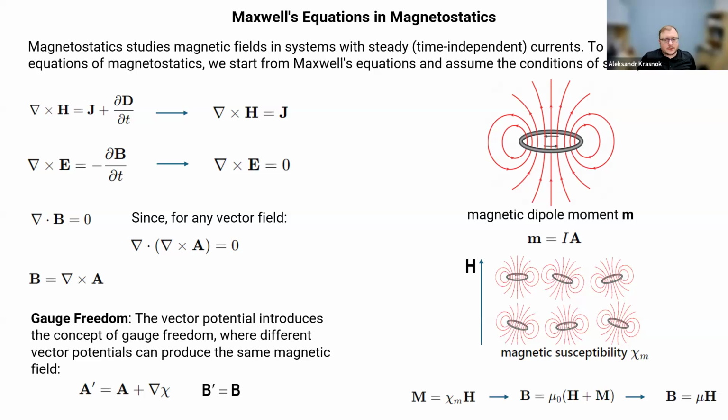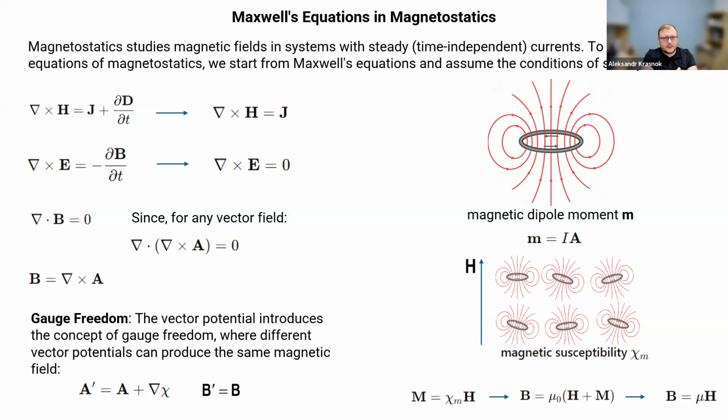Yeah. So basically, just like in electrostatics with electric dipoles that can orient along the electric field, here in magnetostatics we have these magnetic dipoles that can orient along the magnetic field.